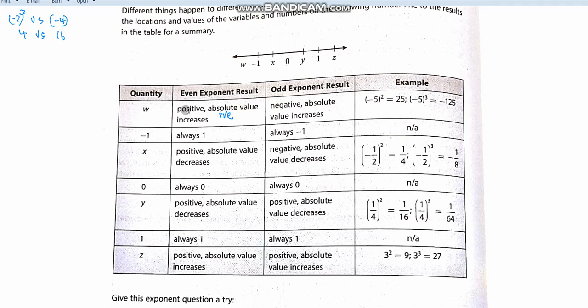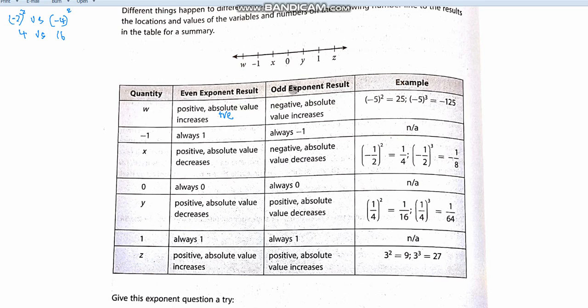Why? Because minus times minus becomes positive. Then the absolute value increases. That means the positive value increases as x becomes -2, -3, -8, it becomes bigger.